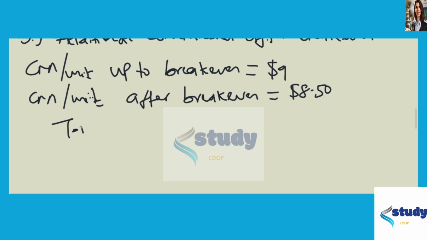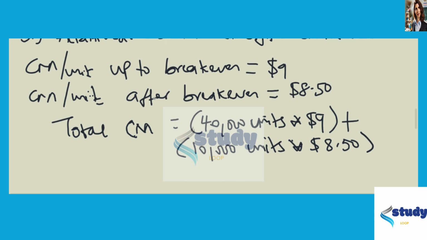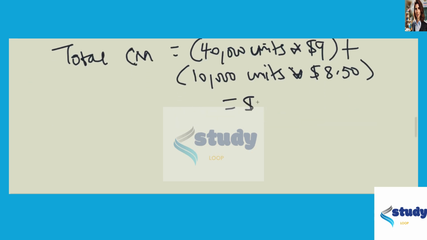So therefore the total contribution margin will be equal to 40,000 units multiplied by $9 plus 10,000 units multiplied by $8.50, and then if you add this together, this will give you 445,000.